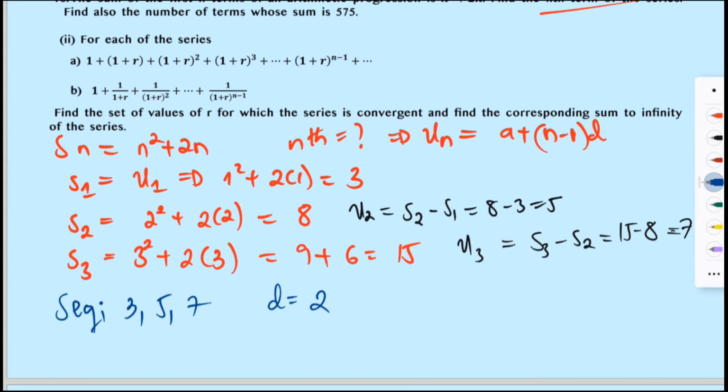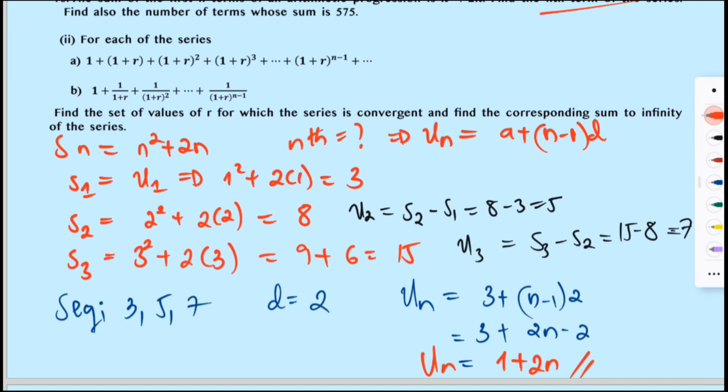And finally, the nth term is going to be 3 plus (n minus 1) times the common difference of 2, which is 3 plus 2n minus 2, so 1 plus 2n.